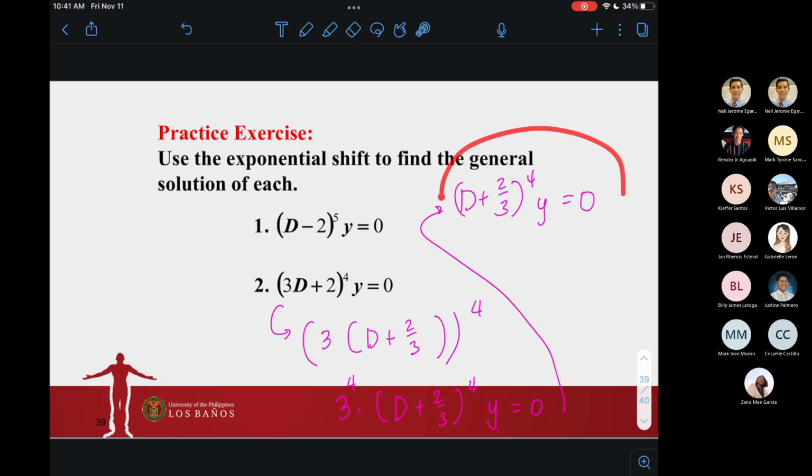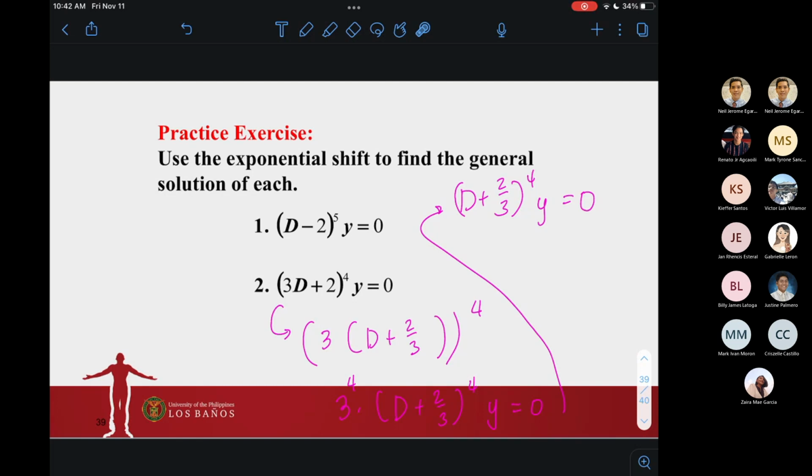Then you apply exponential shift to this guy to get the solution. But of course, you can keep 3 to the 4th, but who wants to work with large numbers? When you can divide both sides by 3 to the 4th, the right-hand side remains 0 anyway, so this should be fine. Saka later naman, yung 3 to the 4th, i-absorb lang siya ng arbitrary constant C1 hanggang C5. So wala kayong magiging problema doon.